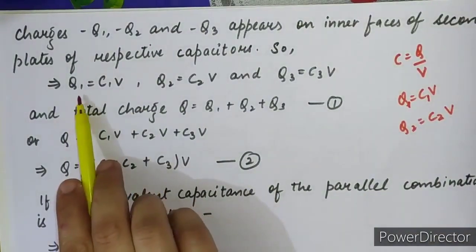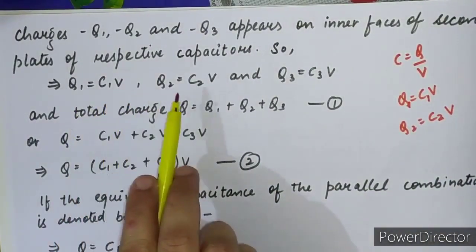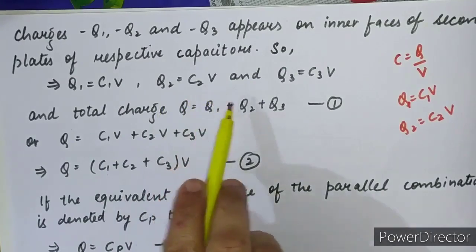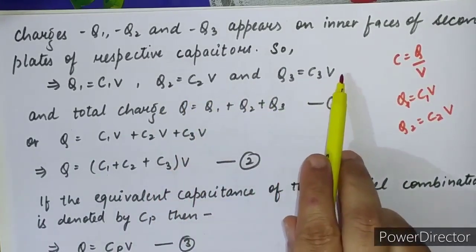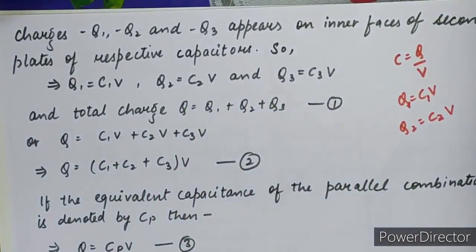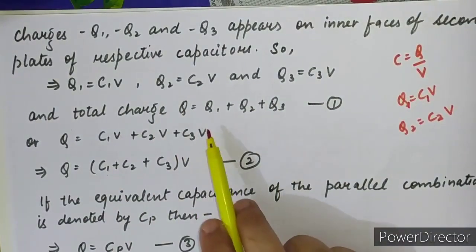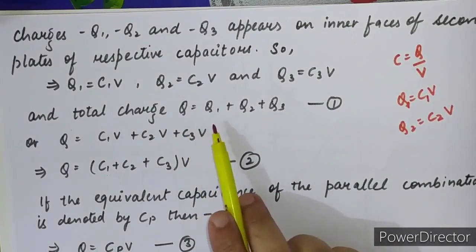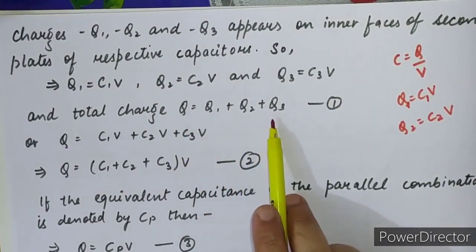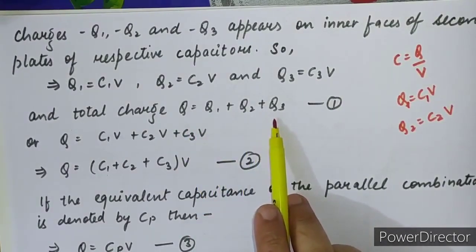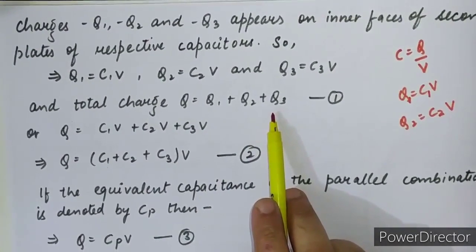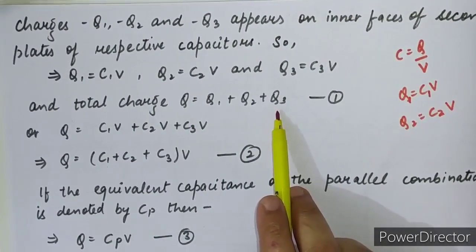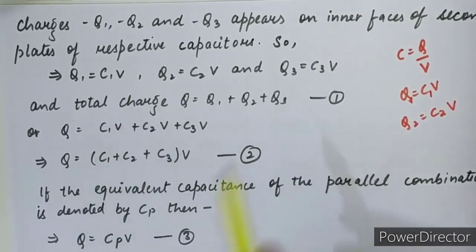So Q1 is equal to C1V, Q2 is equal to C2V and Q3 is equal to C3V. Now we have to find the total charge, which means the sum of all the charges. Q is equal to Q1 plus Q2 plus Q3.